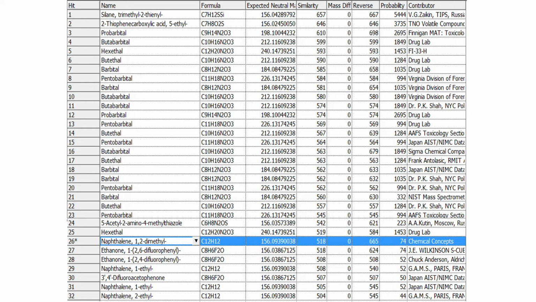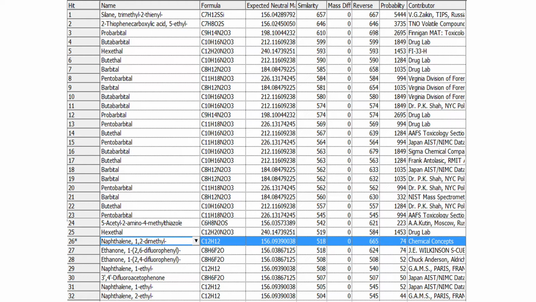And now look at the hit list. Hit number 1, with the best score, has the correct nominal mass. But the exact mass is wrong, meaning that this is not the compound present in our mixture.